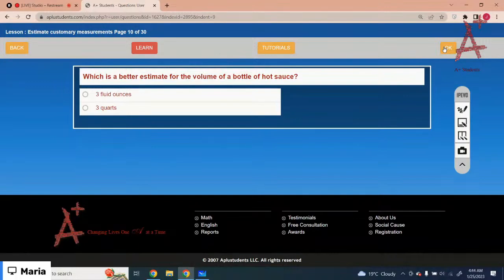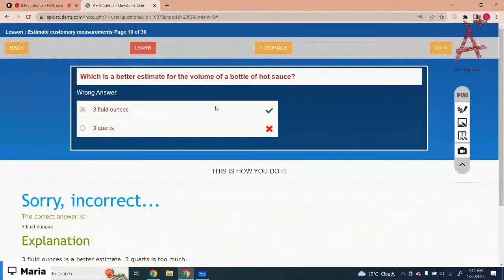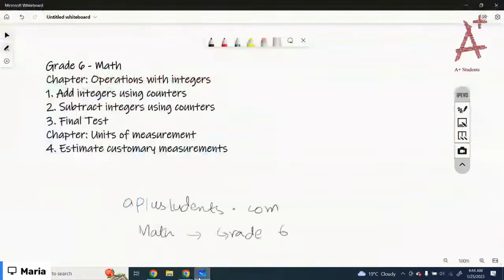It would be 3 quarts. Got it? Because fluid ounces is a much bigger unit. Okay, that would be 3 fluid ounces. Got it? Because quarts is a much bigger unit. Got it? Okay, you can complete the test by yourself later today.